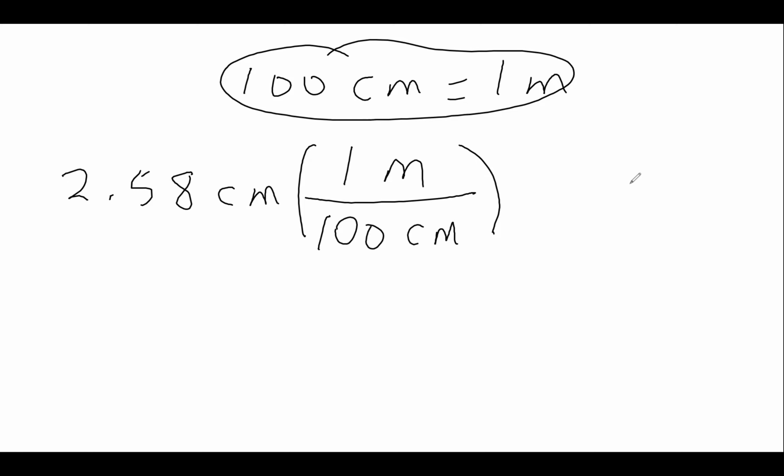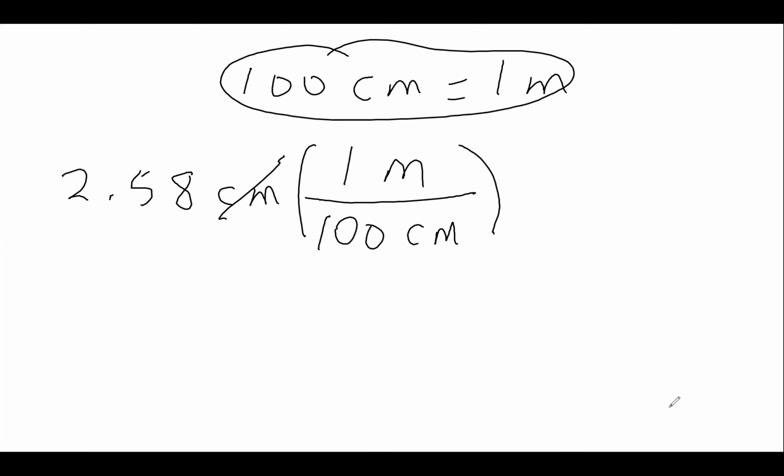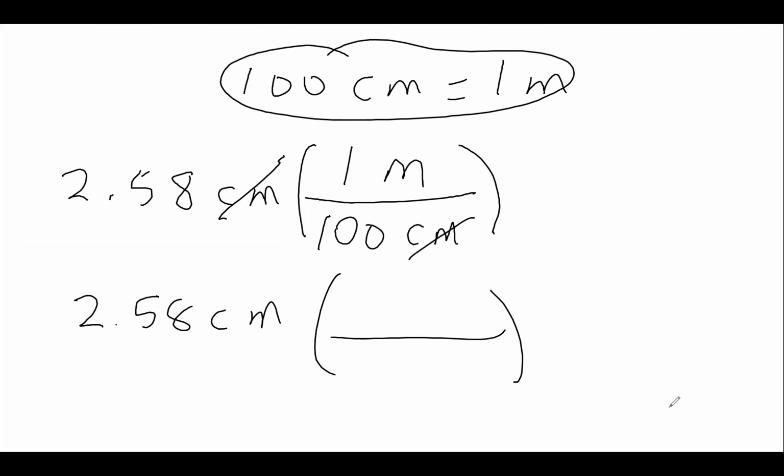Okay, and now this next step is an important part of the Ames method, and it's the step that a lot of people leave out, so don't go leaving this out. The next step is we cross out the units. It's really important you do that because it's so easy to get it wrong. It's so easy to say, okay, I got 2.58 centimeters, and if we're not careful, we can do it this way.